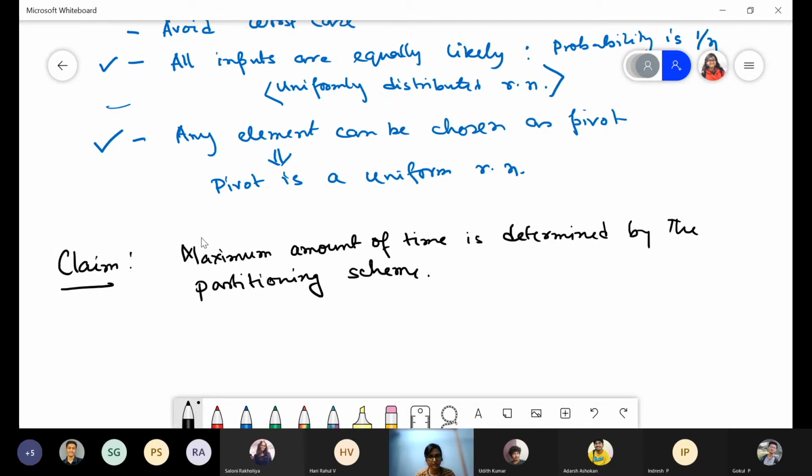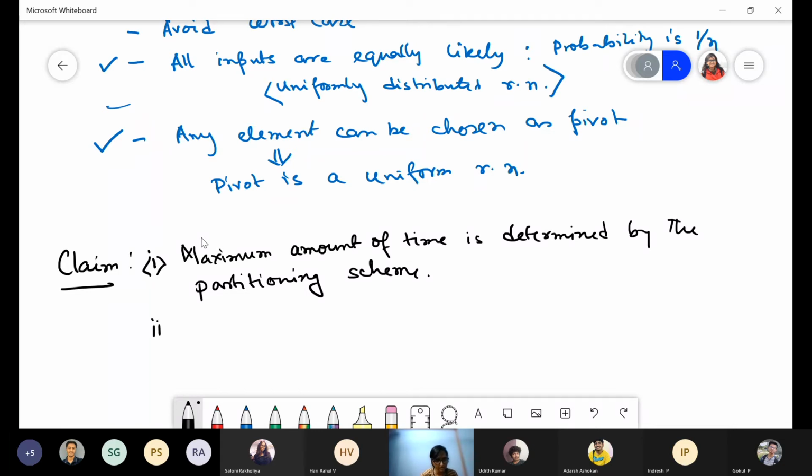This is my claim number 1. Do you agree? If we do the partitioning, after we have done the partitioning, there is nothing else to be done. That is the claim. Whatever computation we are doing is done while doing the partition. That is claim number 1.